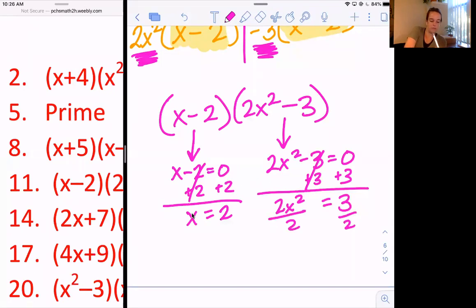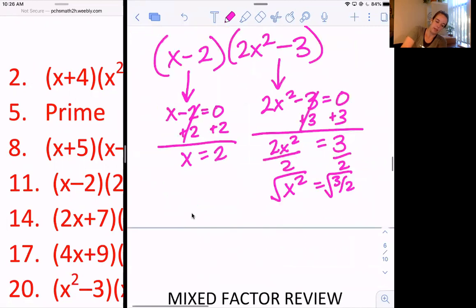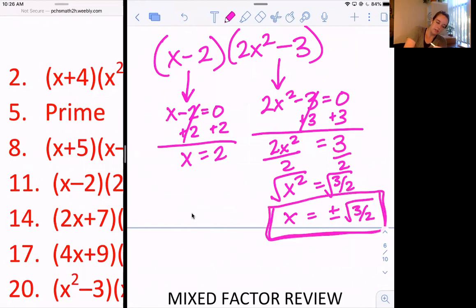Dividing by 2, x squared equals 3/2. Square root both sides. We get x equals positive or negative square root of 3/2, like that. So I have 2 answers here and 1 answer here, which is good since I started with x to the 3rd. I should have 3 answers.